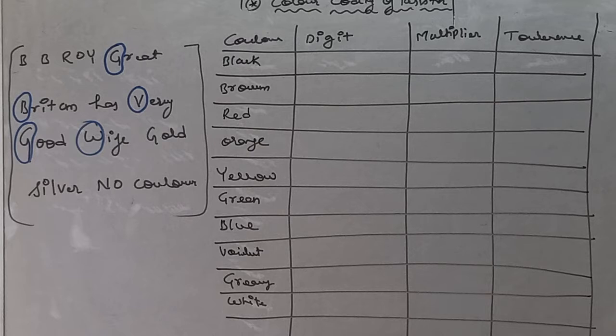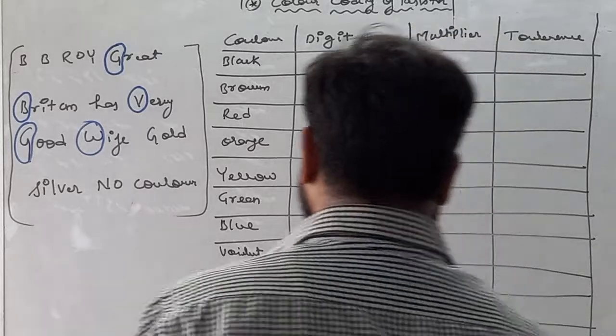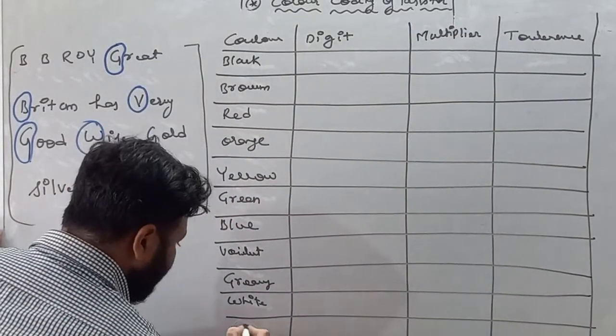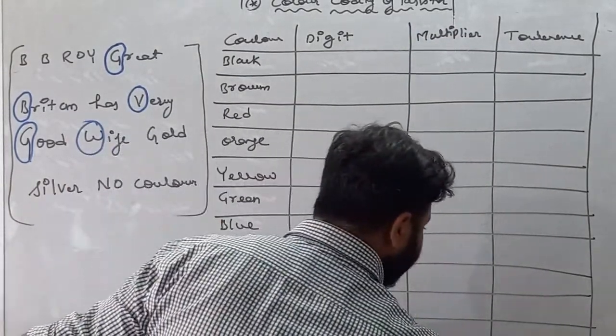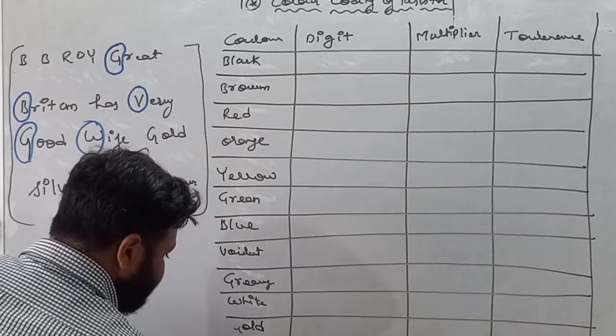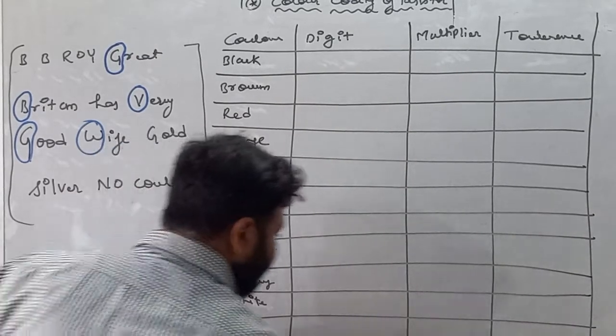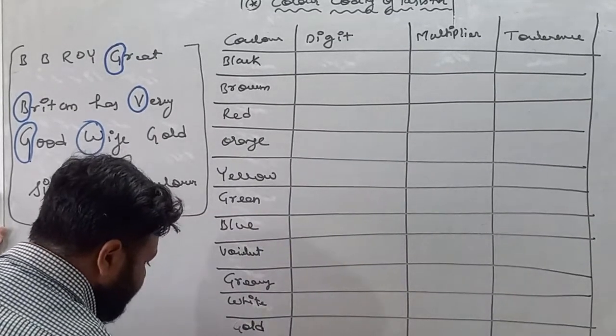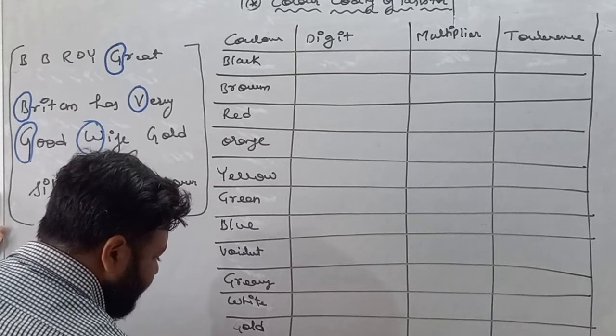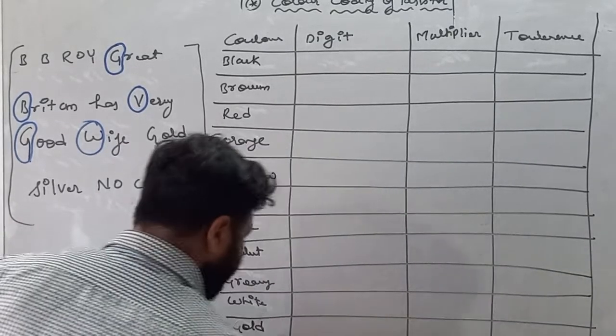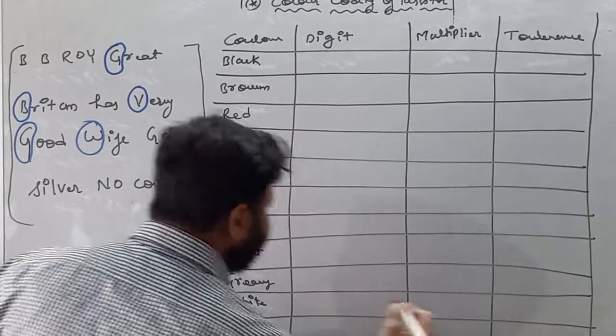First B is black, second B is brown, then red, orange, yellow, green, blue, violet, grey, white, then gold, then silver, and at last no color. Remember, this is how we'll prepare the table.